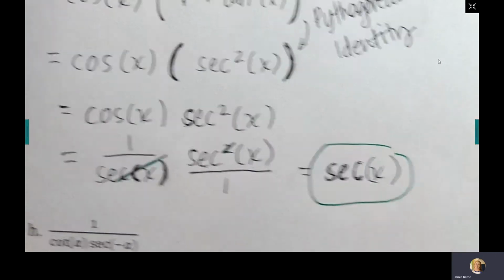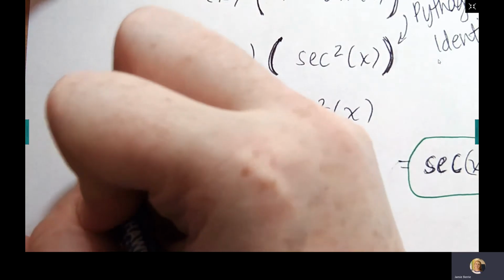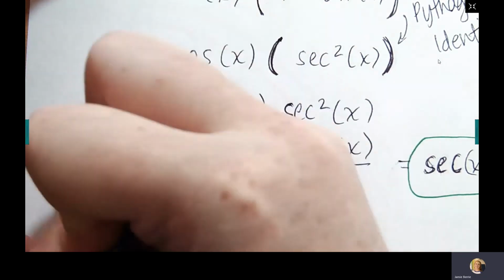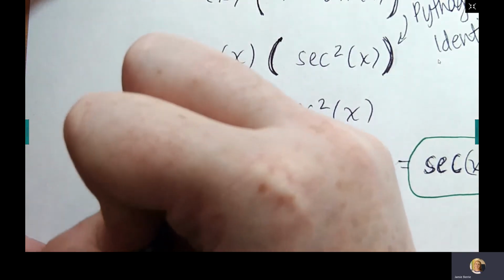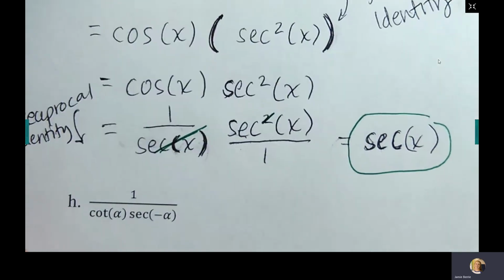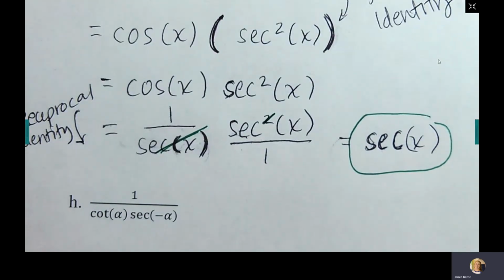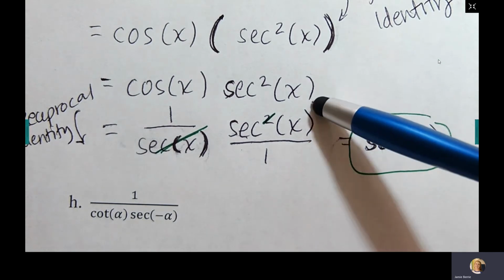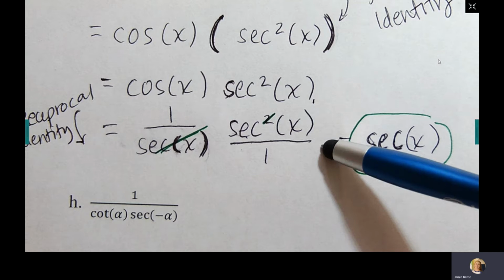All right, so let me write here. This was a reciprocal identity. So another approach you could have done here is you could have changed secant squared x to 1 over cosine squared x.